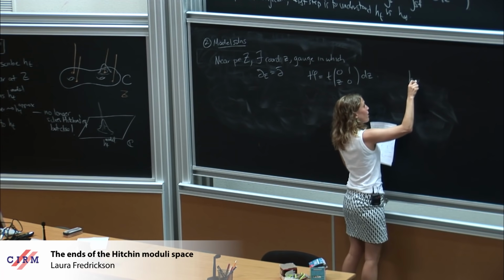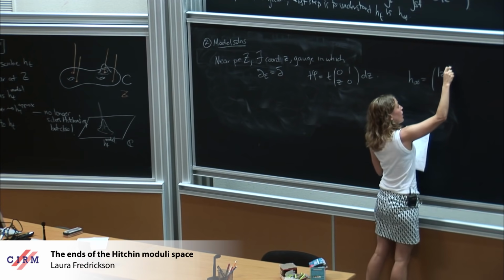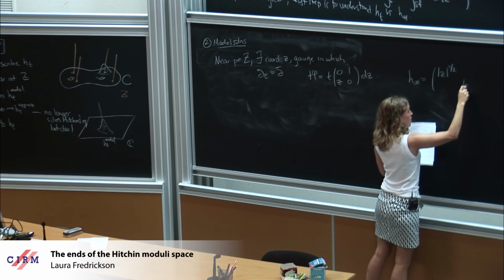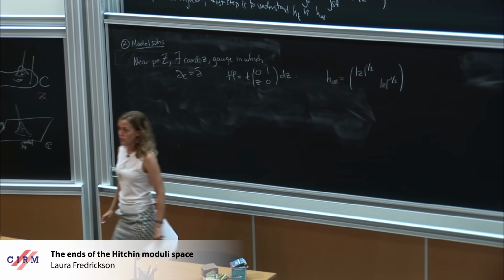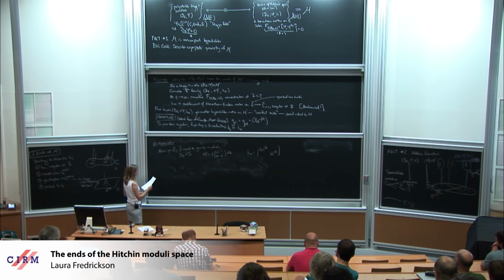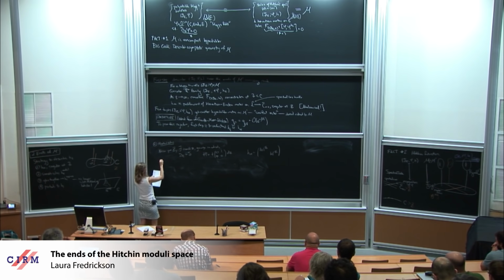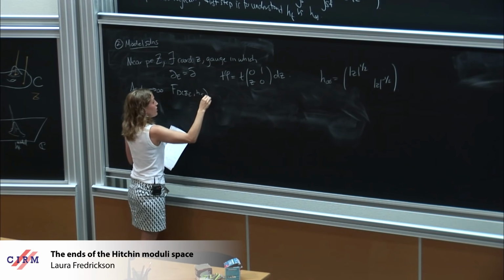And for H infinity, we can further pick the gauge so that H infinity looks like this. And this uniquely determines the gauge once you've made H infinity look like that. So like I said, as t goes to infinity, the curvature concentrates.